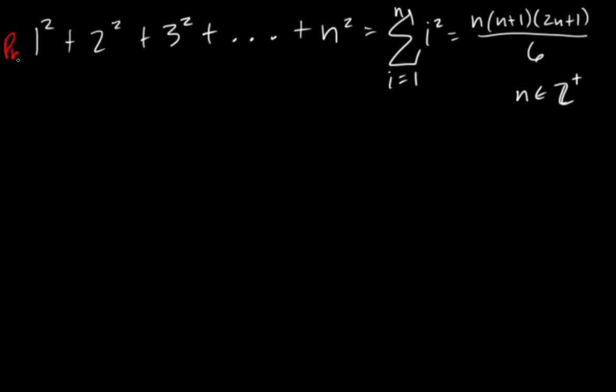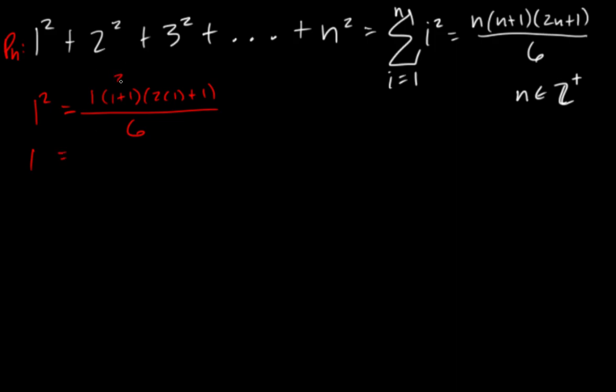So this is going to be our P of n, and then we're going to plug in a 1. If we plug in a 1 on the left, we get 1 squared. If we plug in a 1 over here, we get 1 times 1 plus 1 times 2 times 1 plus 1, all over 6. The left side is 1.